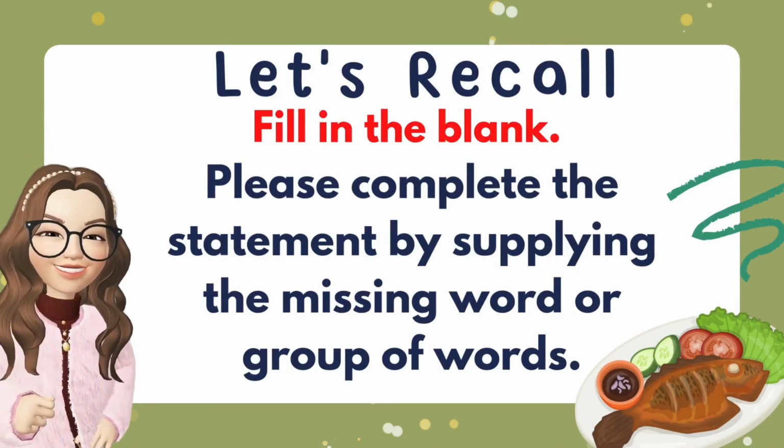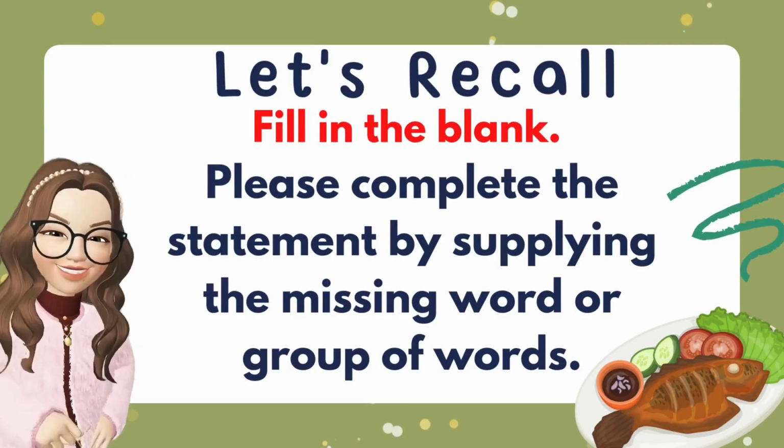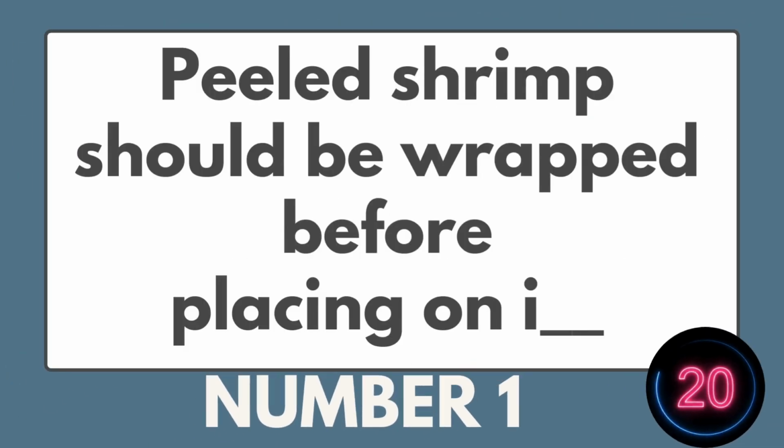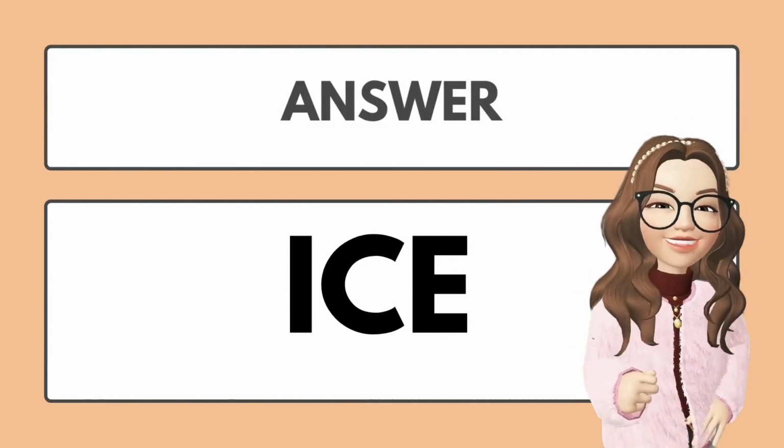Let's recall. Fill in the blank. Please complete the statement by supplying the missing word or group of words. Peeled shrimp should be wrapped before placing on blank. Answer: ice.